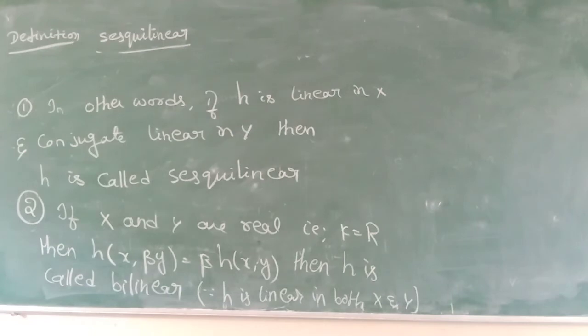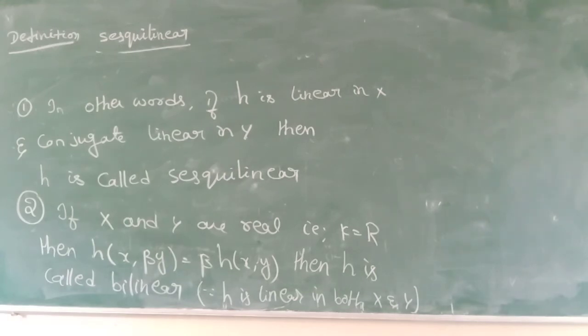Based on this definition, I would like to give an example of sesquilinear. With an example, you can easily understand the definition. Without an example, you cannot understand. So what is the example?